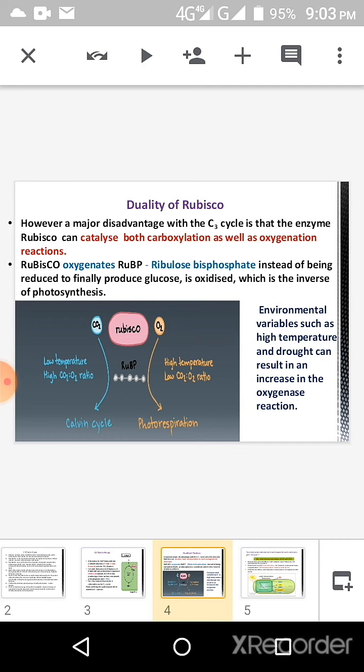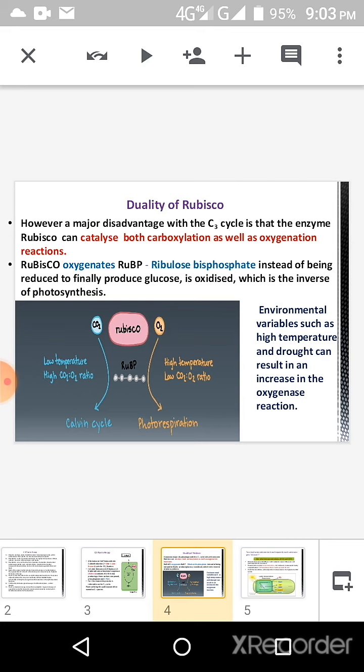It is a major disadvantage in the C3 cycle because Rubisco can carboxylate as well as oxygenate ribulose biphosphate, the substrate of the Calvin cycle. Instead of carboxylating ribulose biphosphate and leading on to the production of glucose, it oxygenates this substrate.